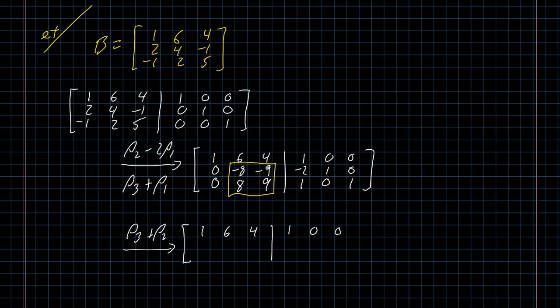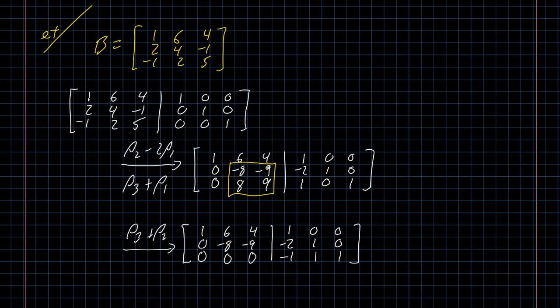The second row stays the same. And then in the third row, 0 plus 0 is 0. 8 plus -8 is 0. 9 plus -9 is 0. -2 plus 1 is -1. 1 plus 0 is 1. 0 plus 1 is 1.